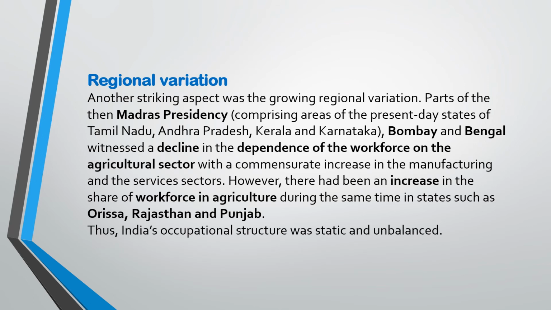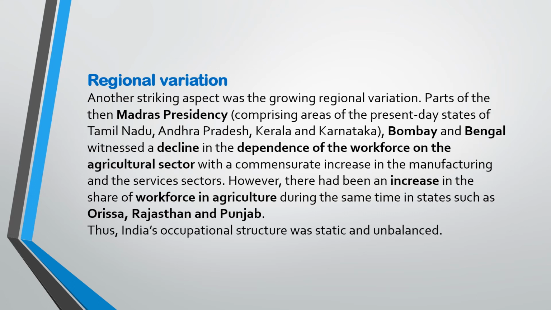So thus India's occupational structure was static and unbalanced. Why was it static? You have to write the sectoral division: agricultural sector, industrial sector and tertiary sector. That means service sector dependency.